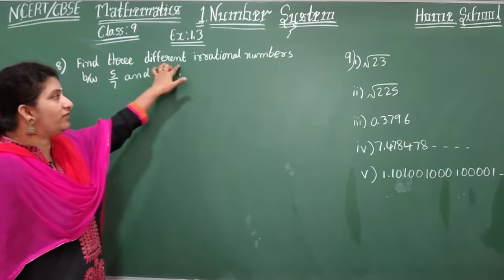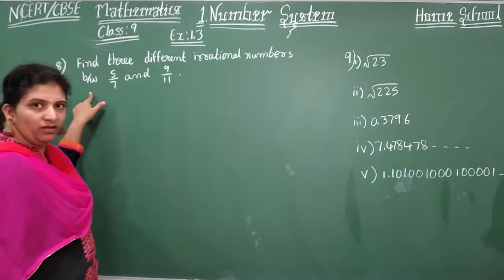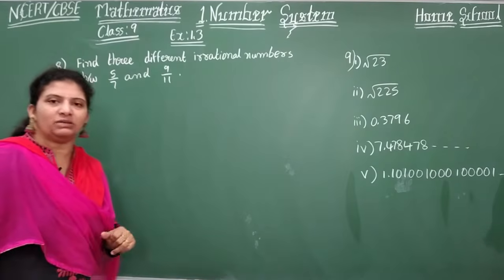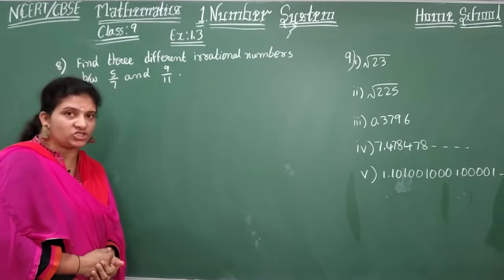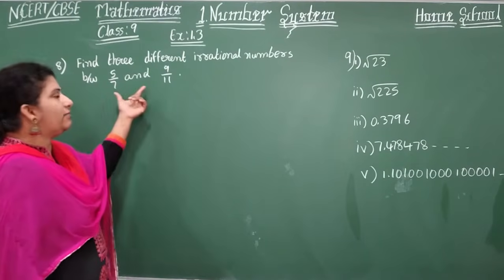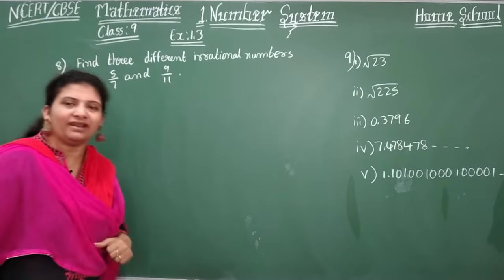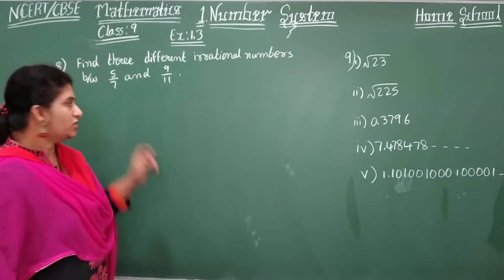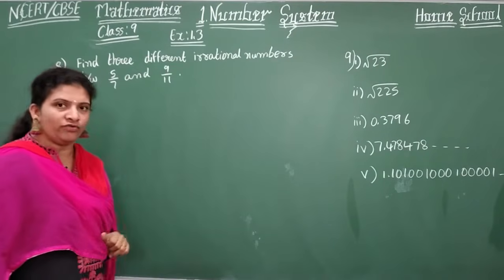Find 3 different irrational numbers between 5 by 7 and 9 by 11. What are these two, children? These are rational numbers. So in between these two, you need to find 3 irrational numbers. So let's find out here. What is the value of 5 by 7?